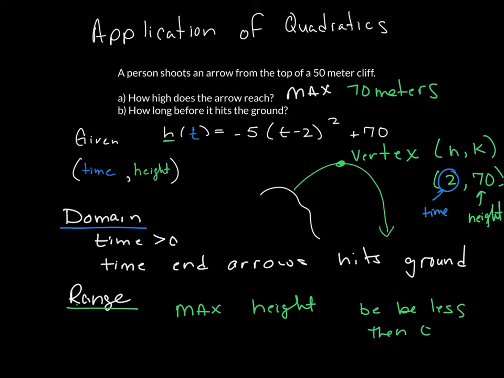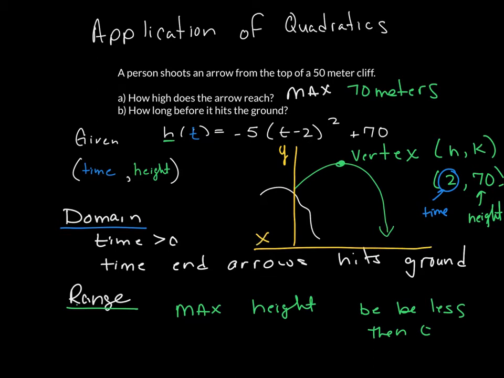The next question says, how long before it hits the ground? So what I'm going to do is I'm going to add my x and y into this graph that I had drawn before. So I start here. So this is my y-axis. This is my x-axis with that vertex.